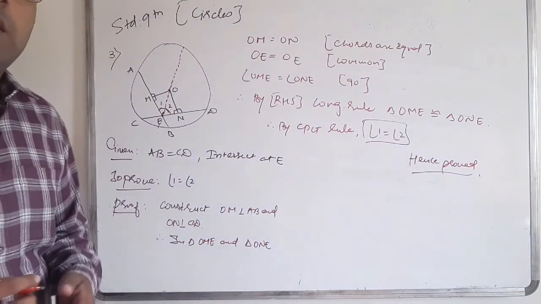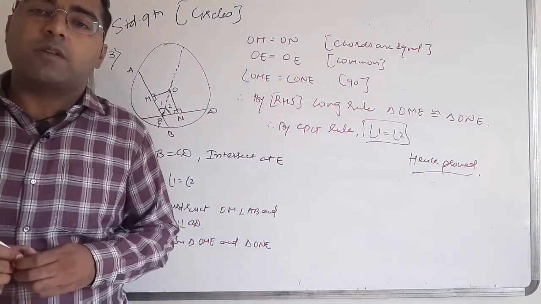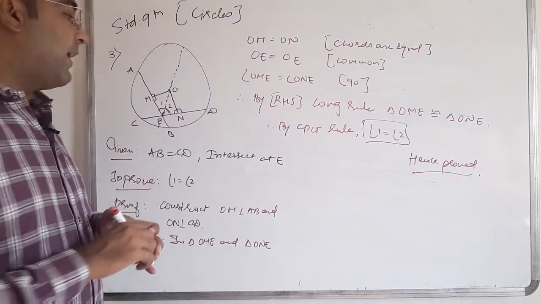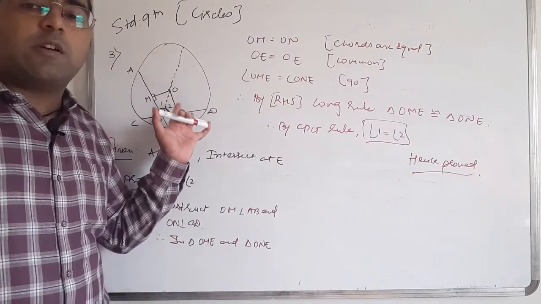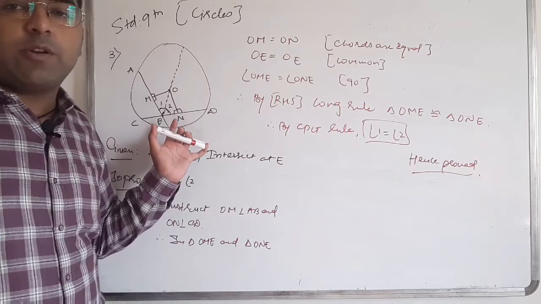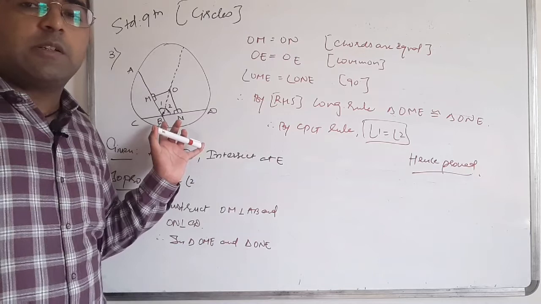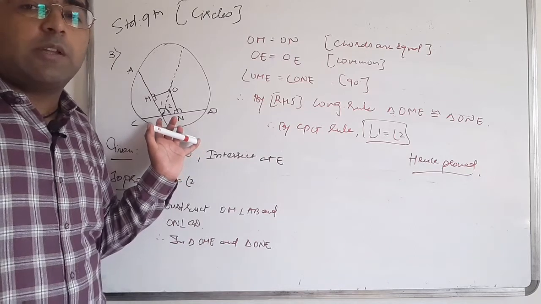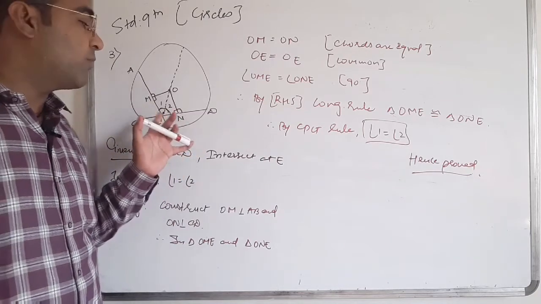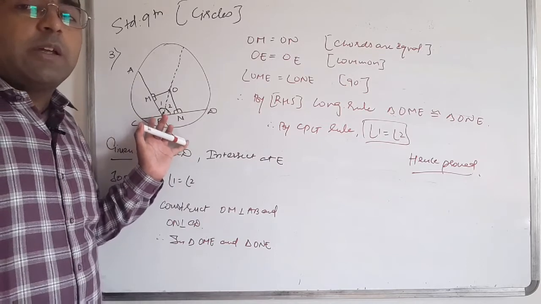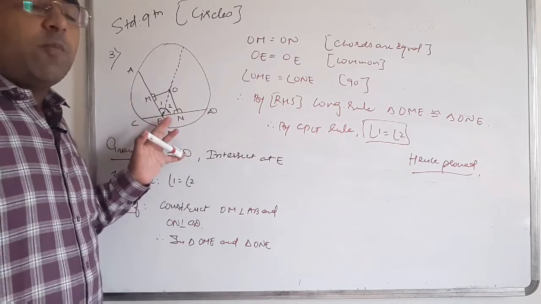Here it says that the line passing through the center of the circle to the intersecting point of the chords forms equal angles at this intersecting point.